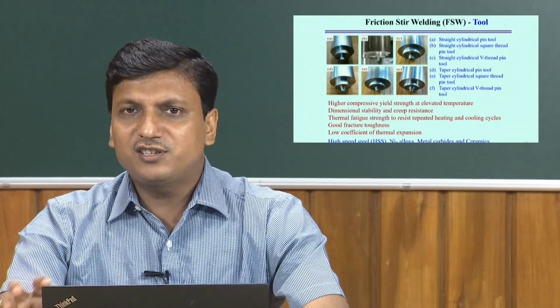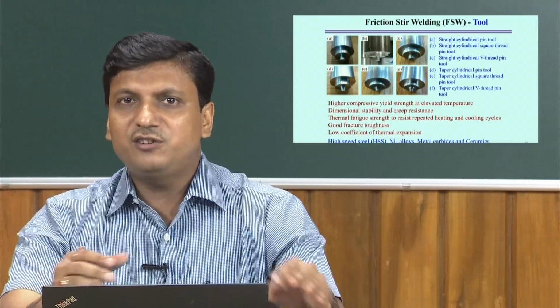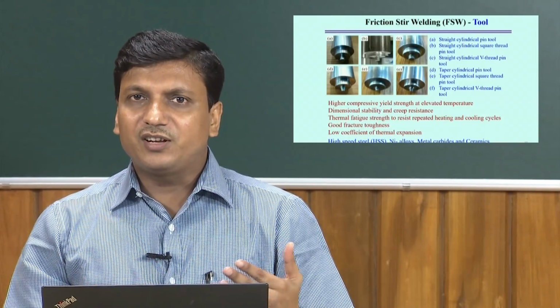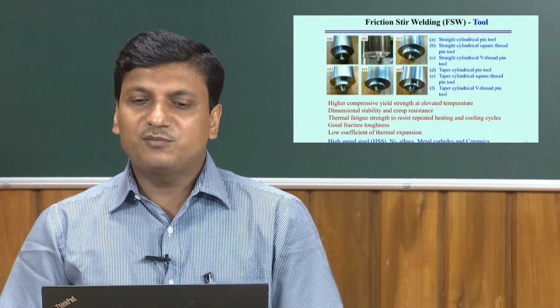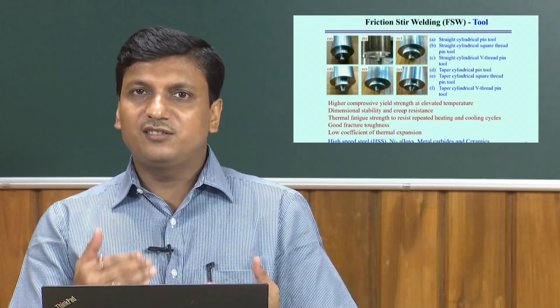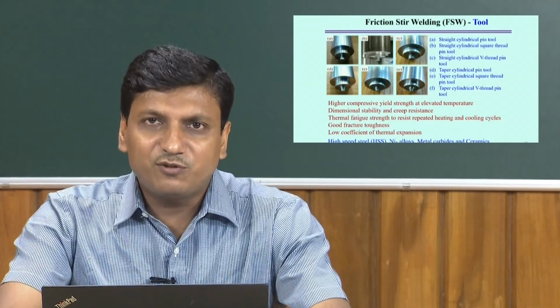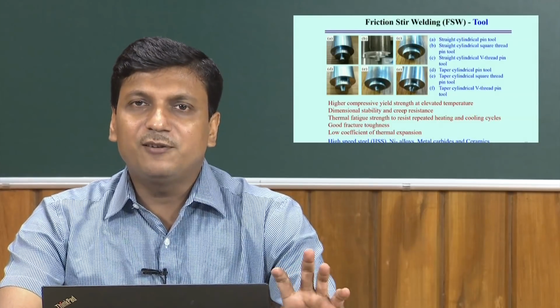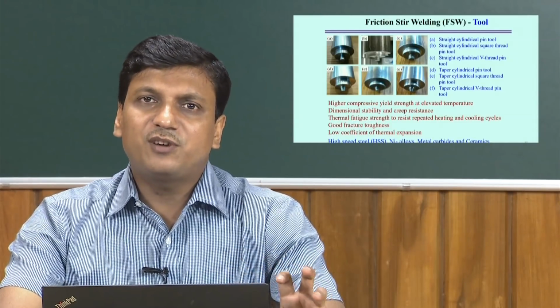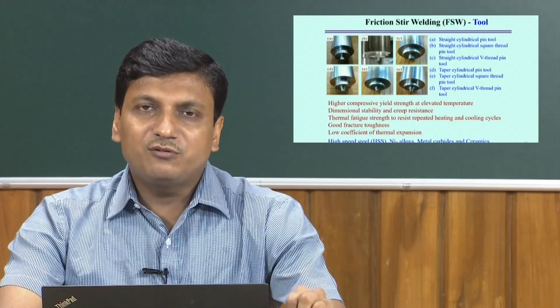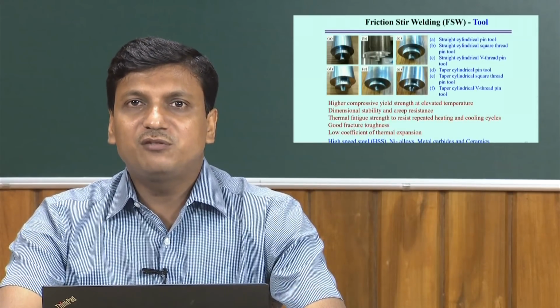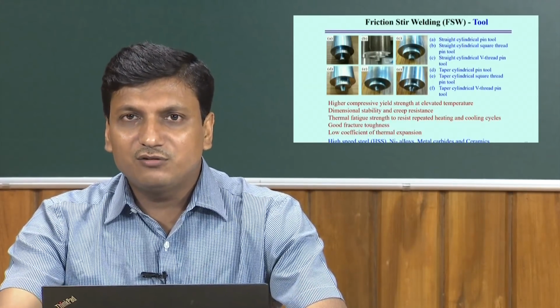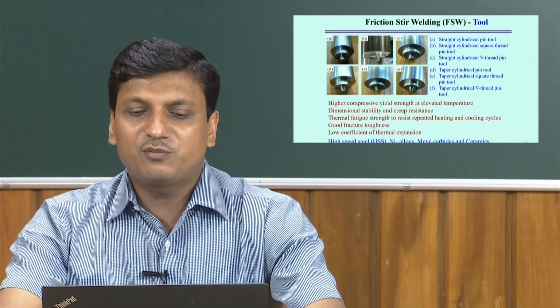The choice of tool material depends on the difference between the mechanical properties of the workpiece material and the tool material. In general, the tool material should have some hardness difference with respect to the workpiece material which is to be joined by the FSW process.